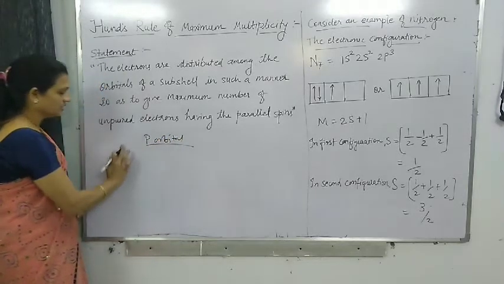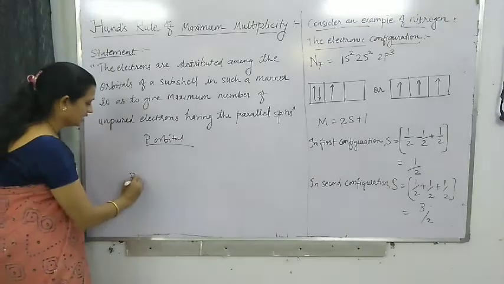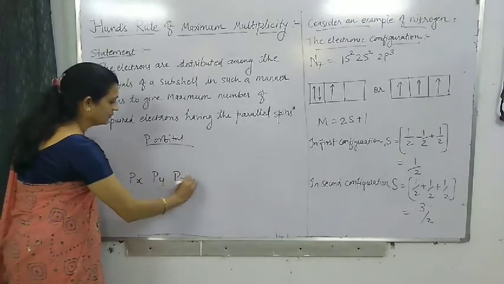Okay, so you know that the distribution of p orbital is px, py, pz.